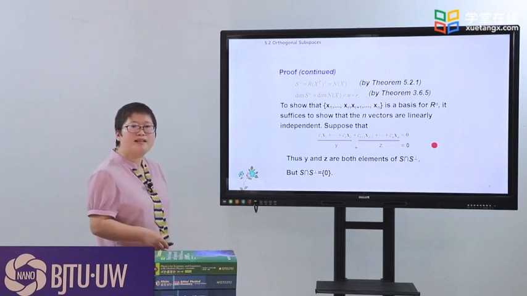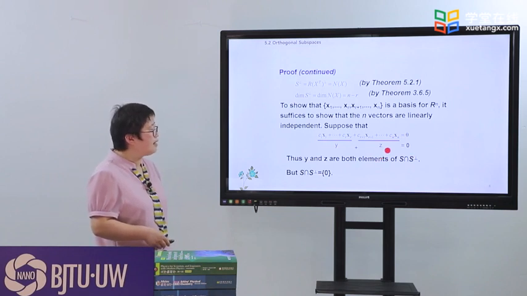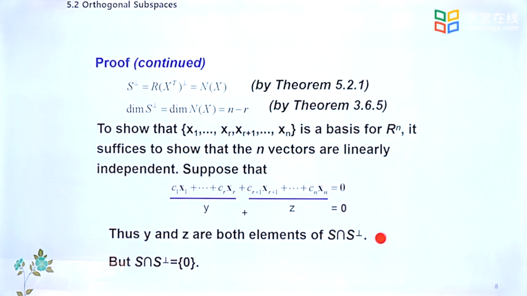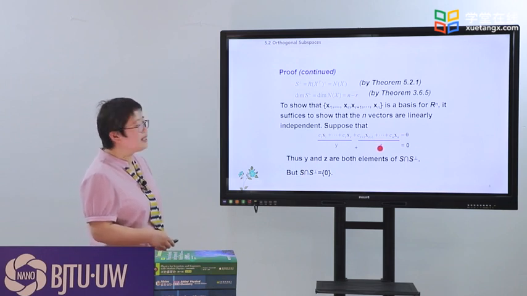By the properties of a subspace, we also know that minus z also belongs to S orthogonal complement. So y belongs to S intersect S orthogonal complement. And similarly, z also belongs to S intersect S orthogonal complement. But we know that if a vector is in both S and S orthogonal complement, this vector must be the zero vector. So we have y equals 0 and z equals 0.